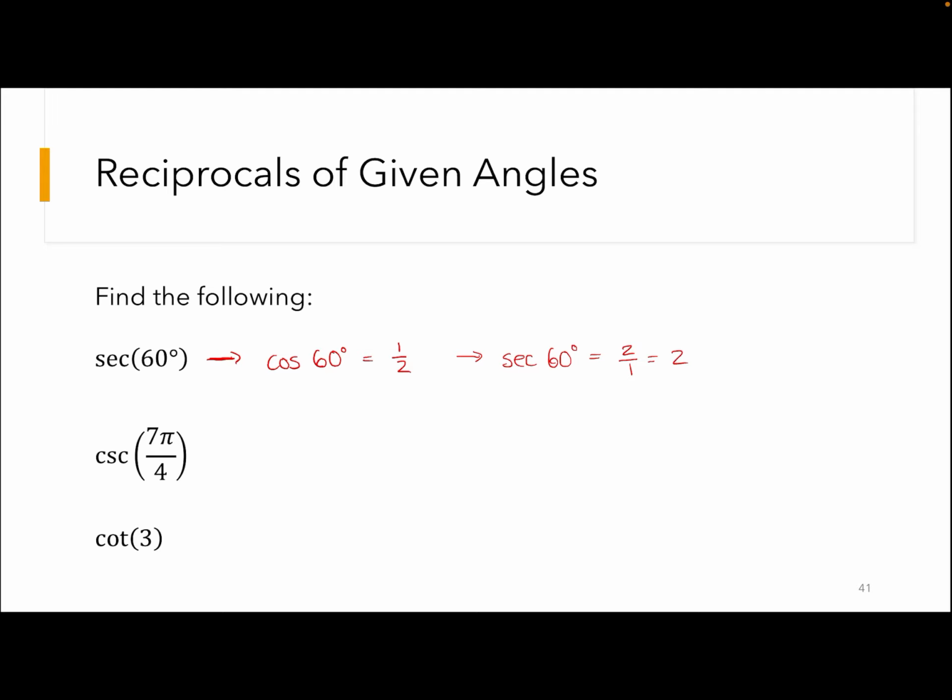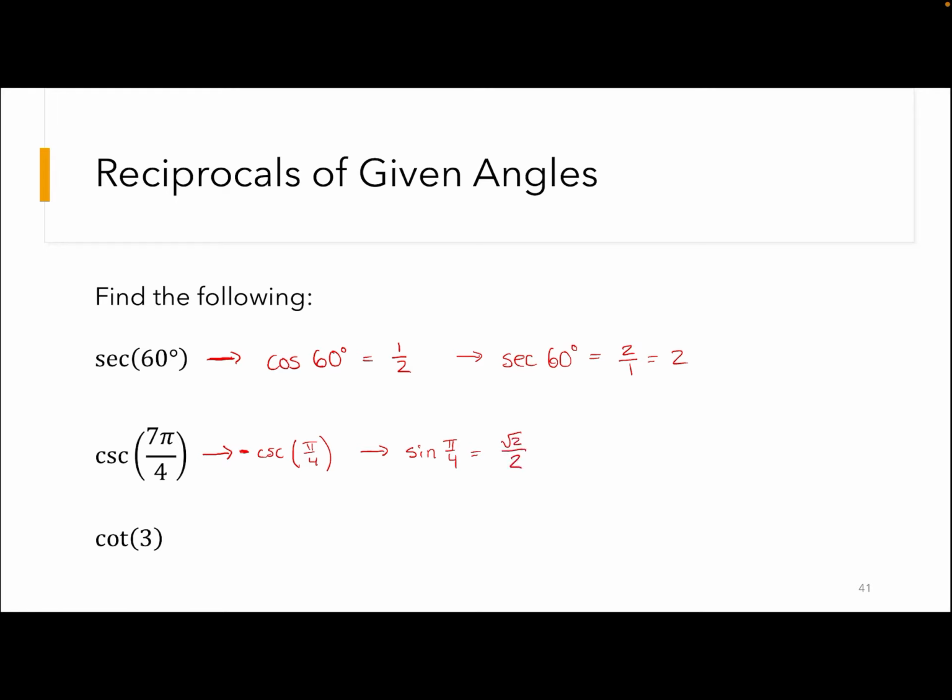Cosecant of 7π/4. 7π/4 is in quadrant 4, so we know sine is going to be negative. This has a reference angle of π/4, so this is going to be the same as negative cosecant of π/4. As long as we can find the sine value for π/4, we know the cosecant value. The sine of π/4, which is 45 degrees, is the square root of 2 divided by 2.